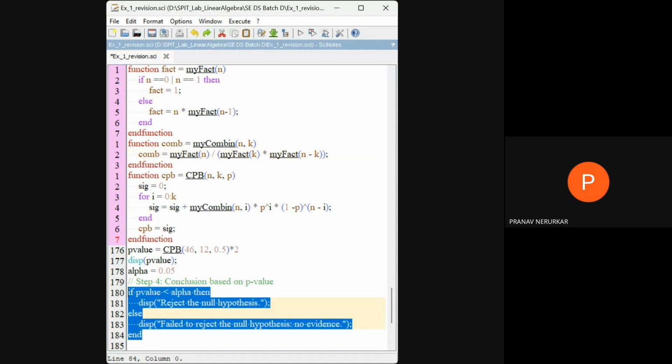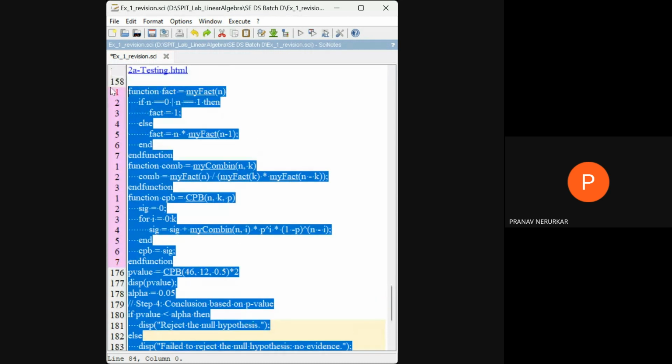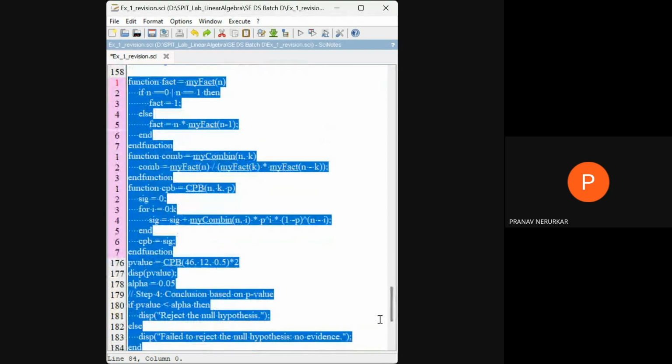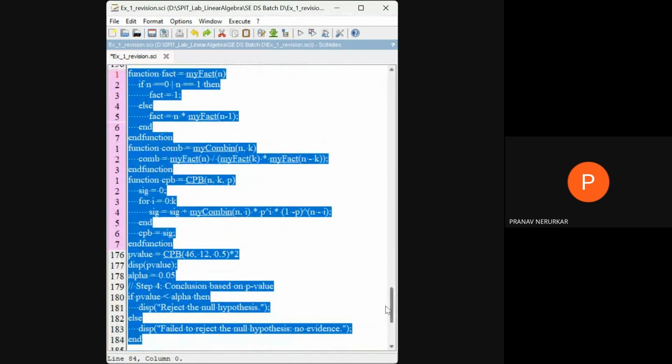Note how in this program we have demonstrated the use of functions for implementing one mathematical concept.